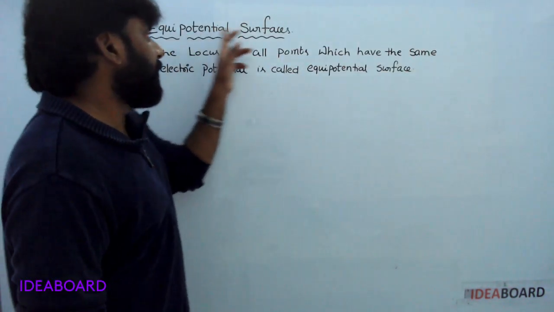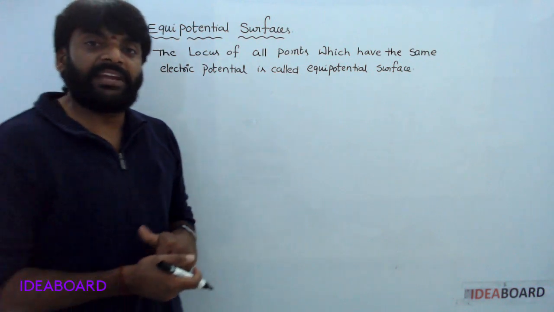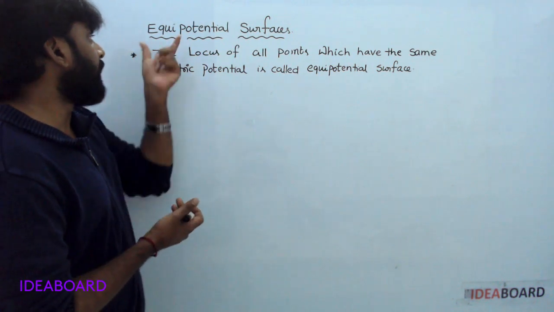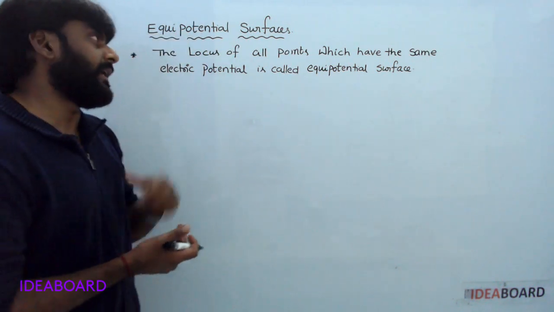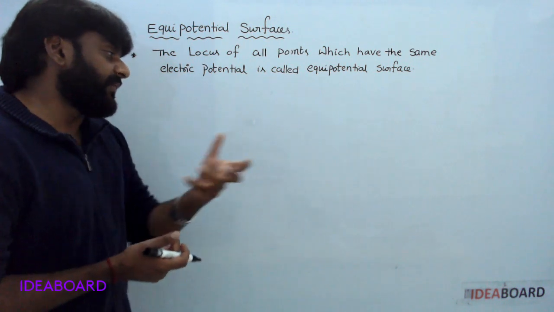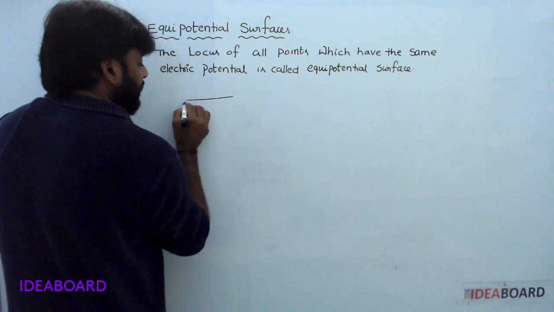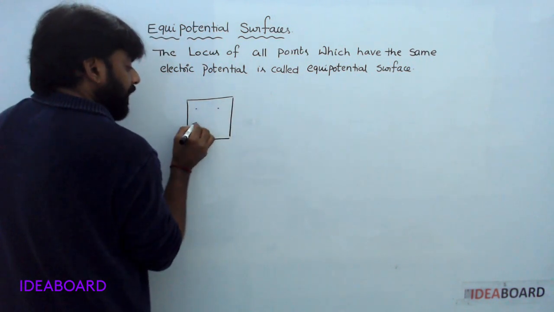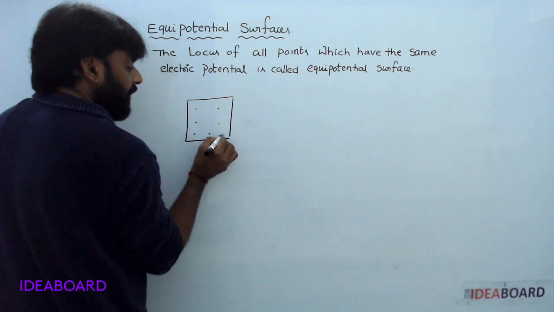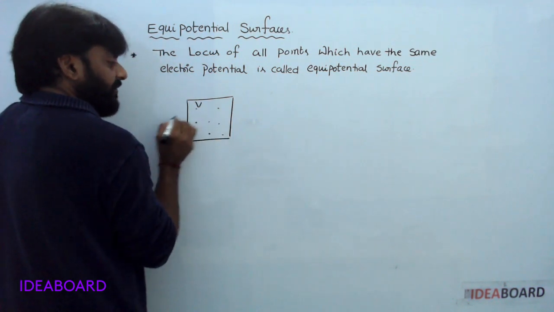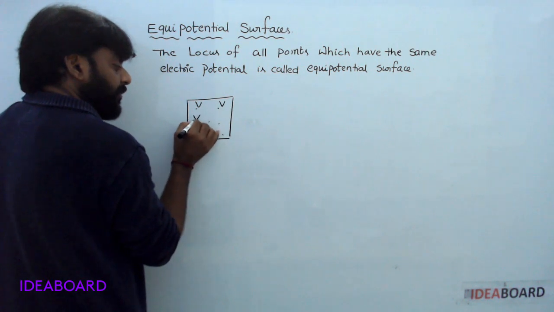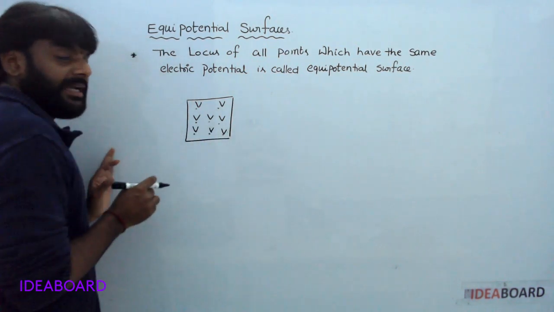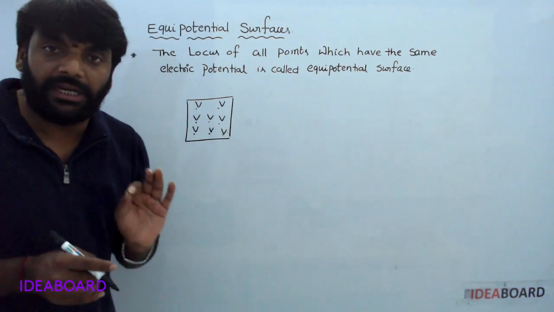Next topic, equipotential surfaces. Equipotential means that on the surface, at every point, the potential is the same. For example, here potential V, here also potential V, here also potential V. Surfaces of that type are called equipotential surfaces.